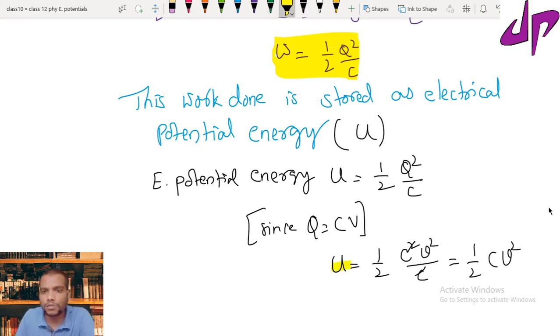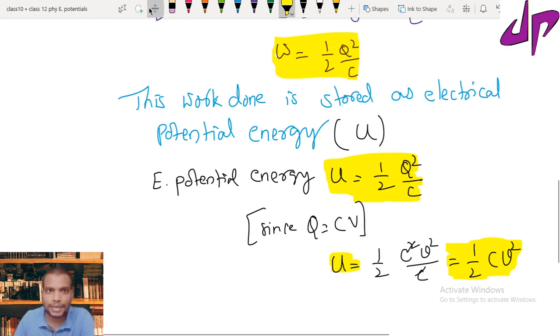So this is also an expression for potential energy in terms of capacitance and potential, and the earlier one is the expression in terms of charge and capacitance.